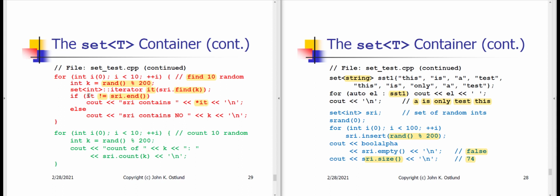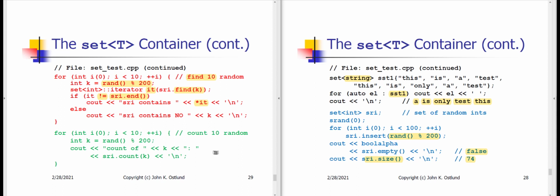On the other hand, if the iterator I got is the end, that means that SRI contains no value k, whatever the random value k was. And when I run this loop 10 times, my recollection is that of these 10, I find 2 or 3 and don't find 6 or 7. You can test it to discover for yourself.